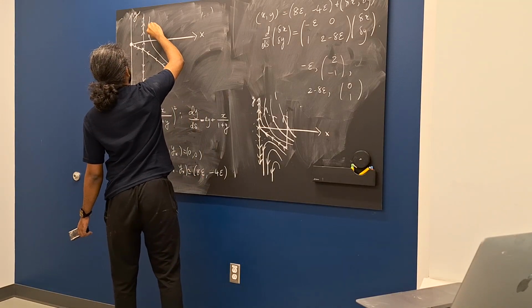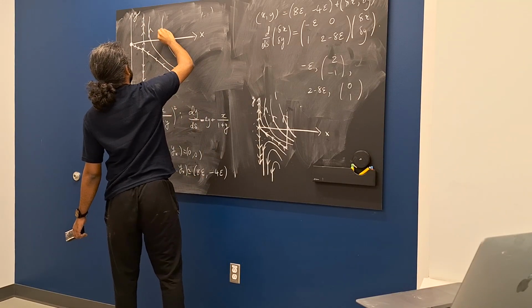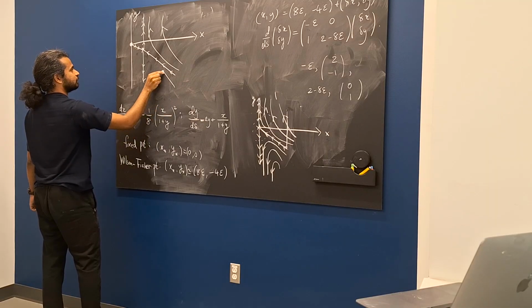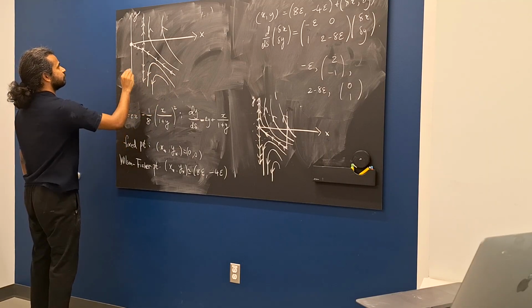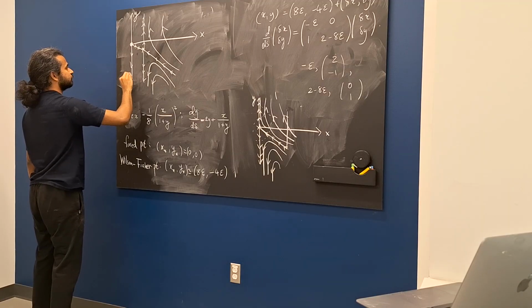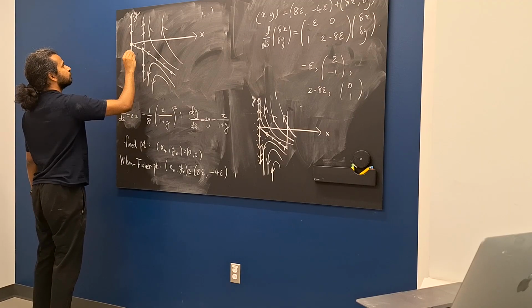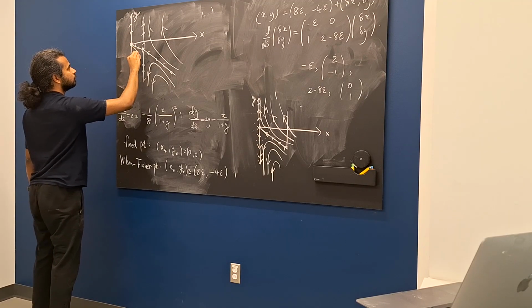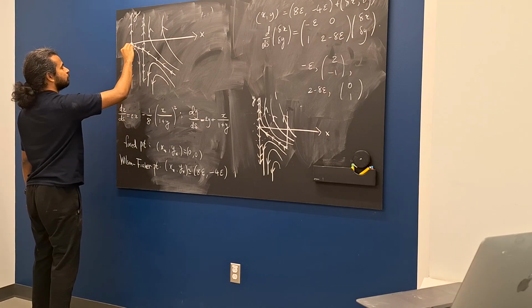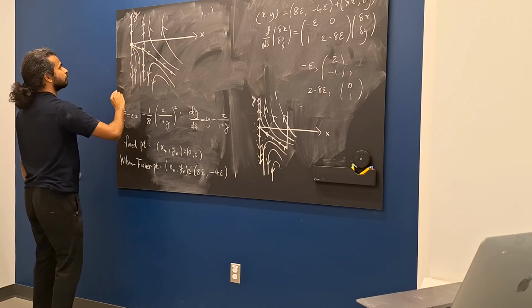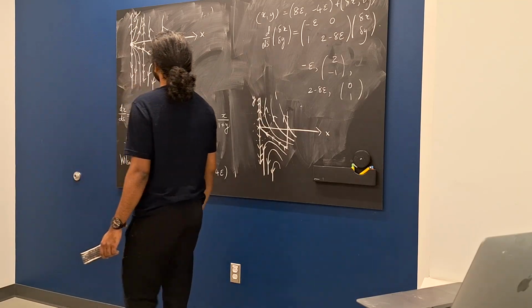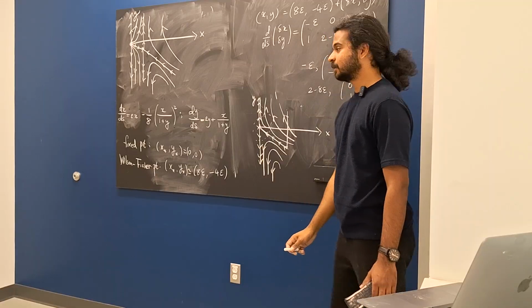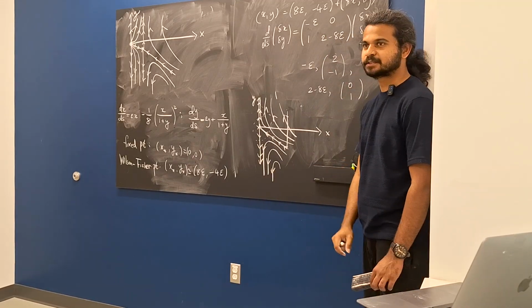You go here, you go here, you start here, you go here. If you start here, well, this is also a diverging flow. That's the flow. Now compare and contrast with this.